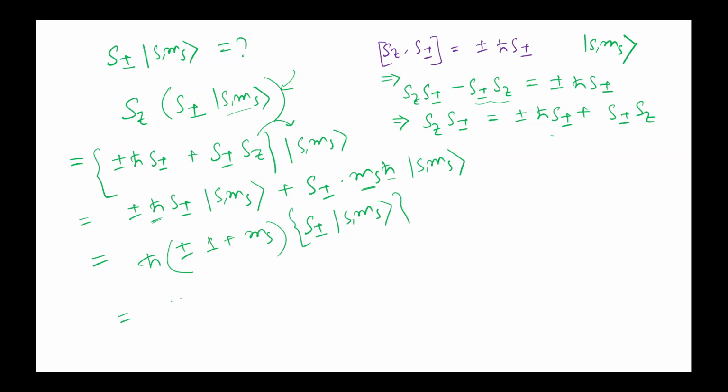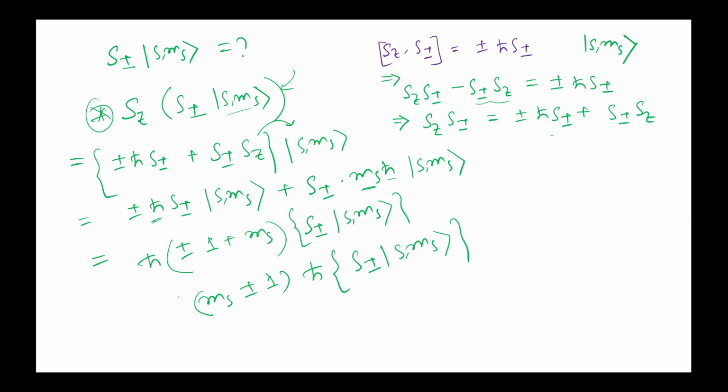We can rewrite this as (ms plus minus 1) ħ S plus minus |s, ms>, right?